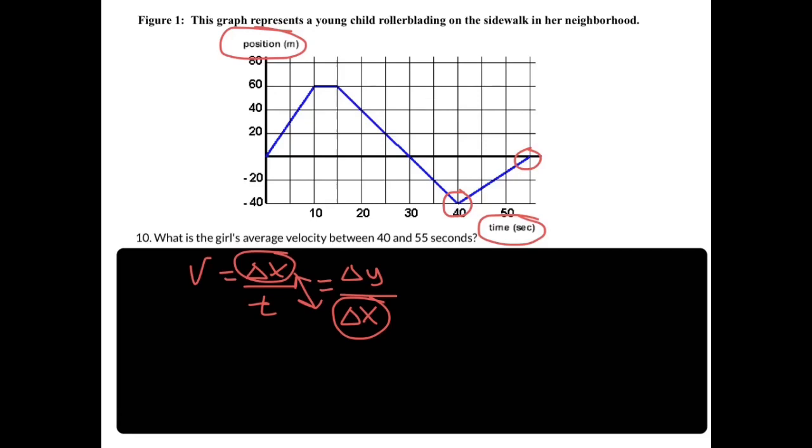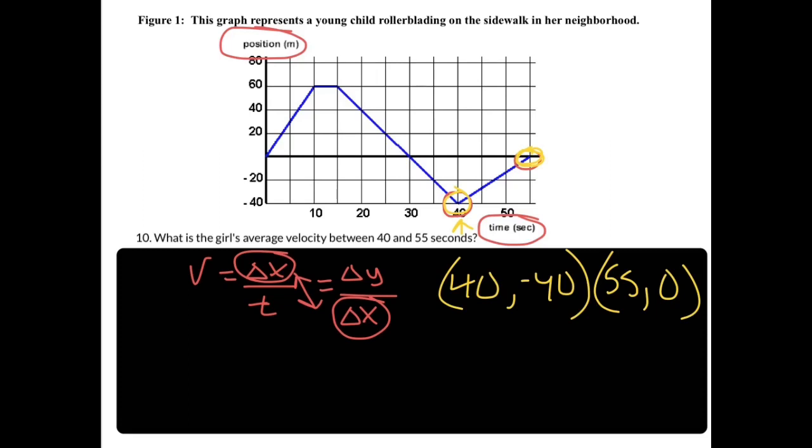To get slope, we want to take 2 points on the line that are easy to read. No problem. It looks like at 40 seconds, we are at a negative 40 position. And it looks like at 55 seconds, we are at 0. So let's just do the math really quick, right? This is x, this is y, this is x, this is y. Let's subtract 0 minus a negative 40 for my y's over my x's, which would be 55 minus 40.